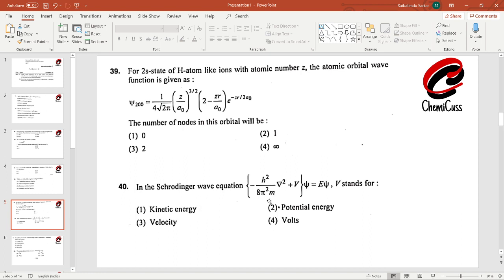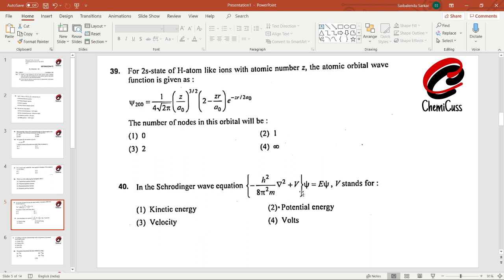In chemistry or physics, we use V in many places, like we use M, like we use H. One of the cases is volts. For volts also you use V, which is a unit, and for potential energy also we use V. For kinetic energy we use K, and for velocity also we use V sometimes, which is a small v, not the capital one.